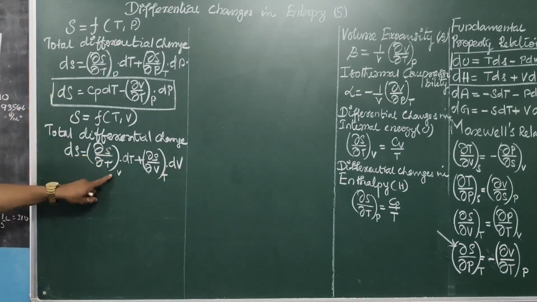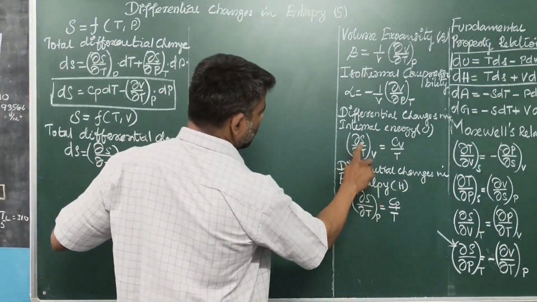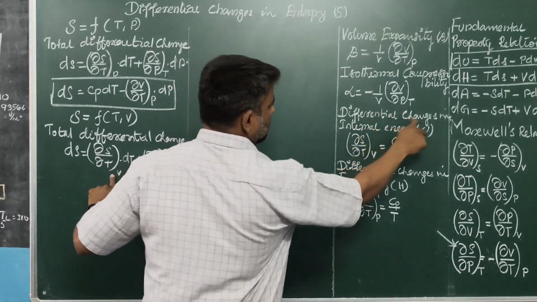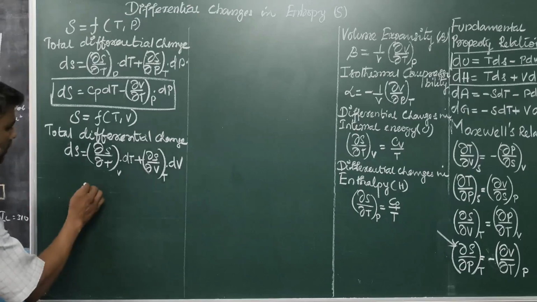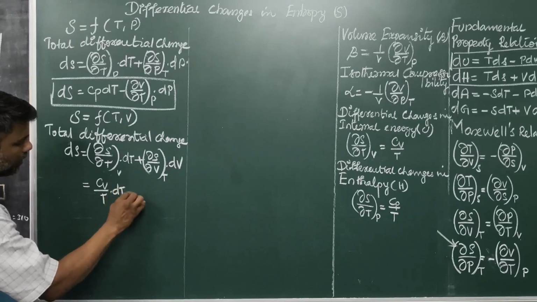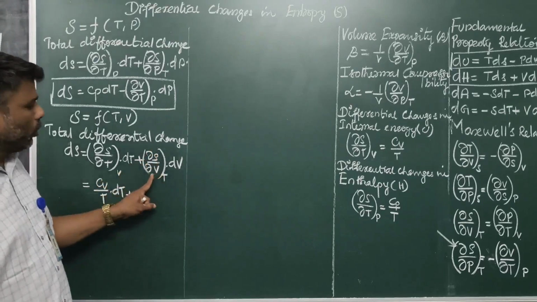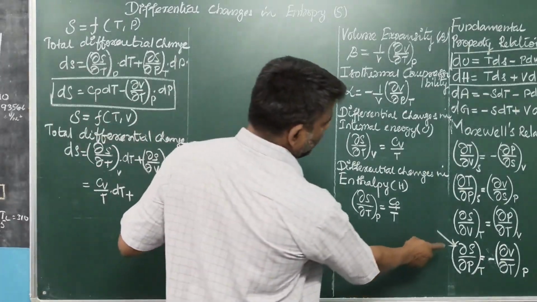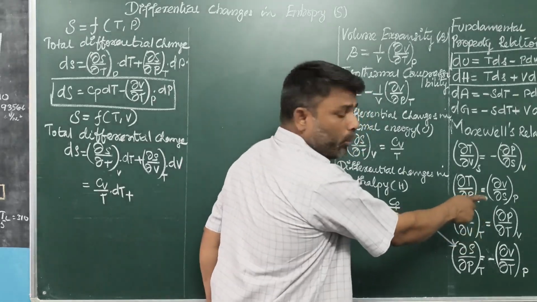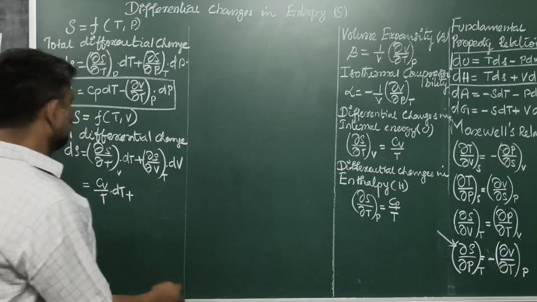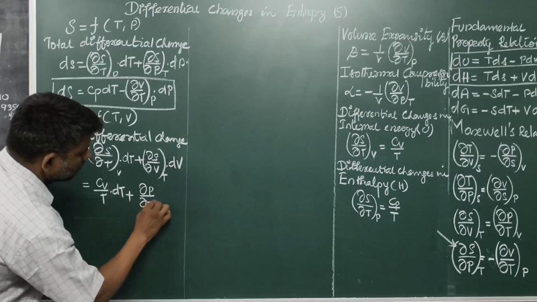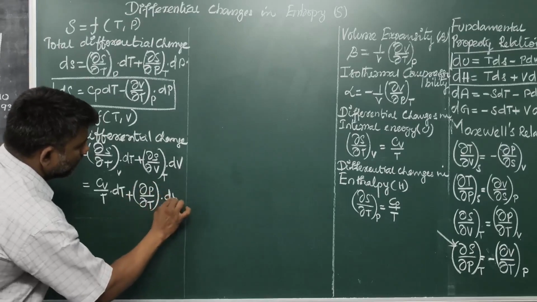Dou s by dou T at constant volume is obtained from differential changes in internal energy. Hence, this equation becomes Cv by T into dT plus dou s by dou V at constant temperature, which is equal to dou P by dou T at constant volume, into dV.